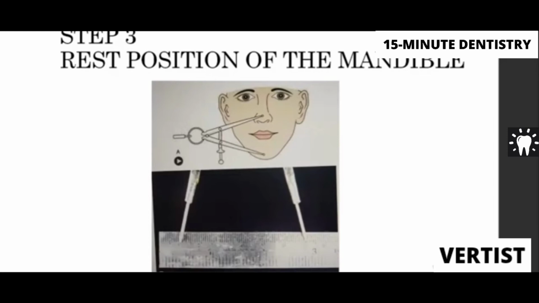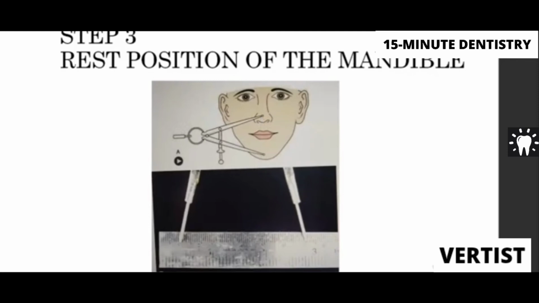When the patient is relaxed after saying Ram, you measure the distance between 2 points, one marked on the tip of the nose and one on the most prominent point of the chin. You measure it with a divider and you take 3 consecutive readings for this.